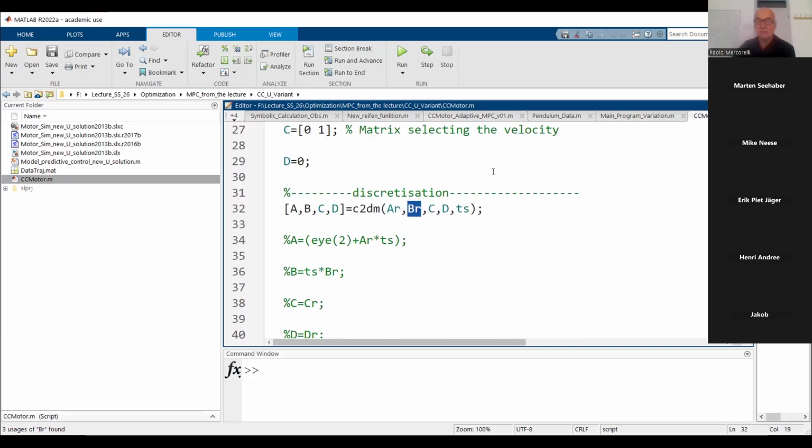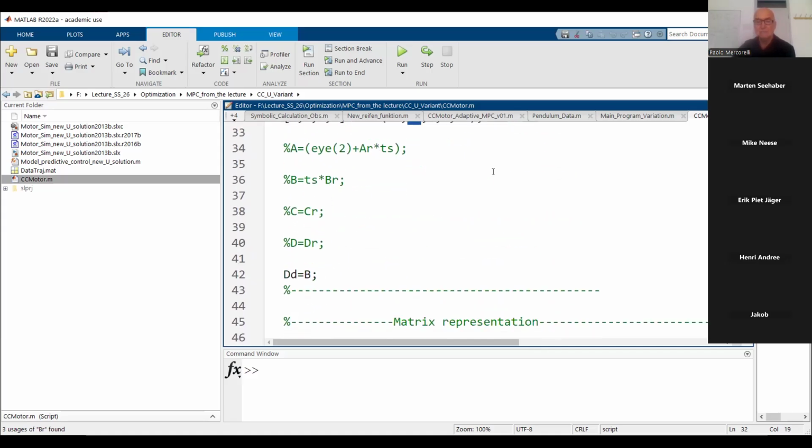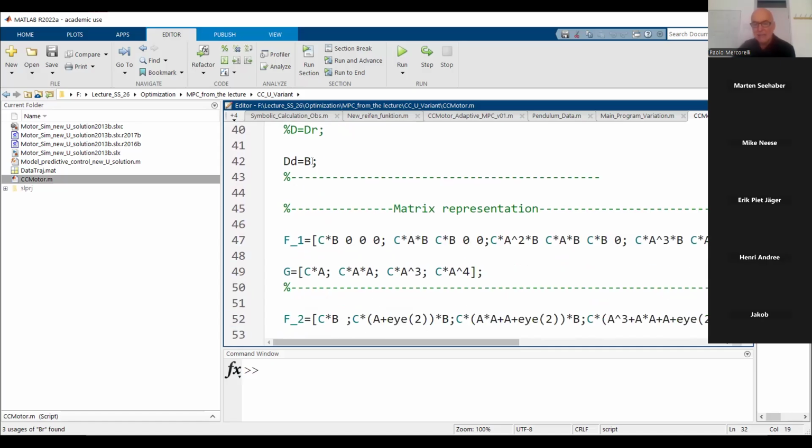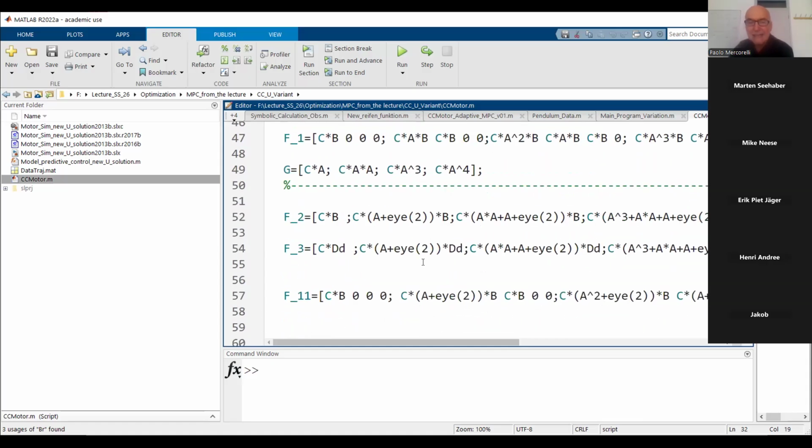Ts is what I redefined before. Here it seems that I also used DD as disturbance map, but exactly here we have the matrix F3, which I introduced at the end of example number 3, but here we didn't use this F3. We will see that we use just F2.